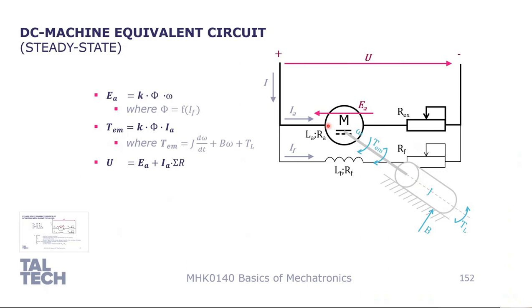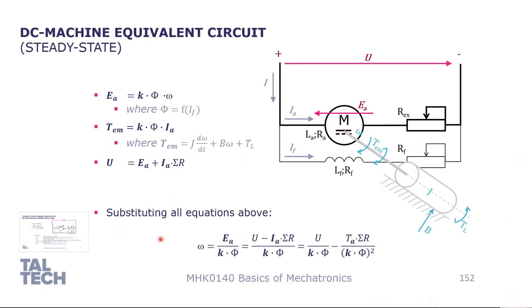What we can do is recalculate all the moments of inertia to the shaft of the machine, to see how it will look from the transient point of view.